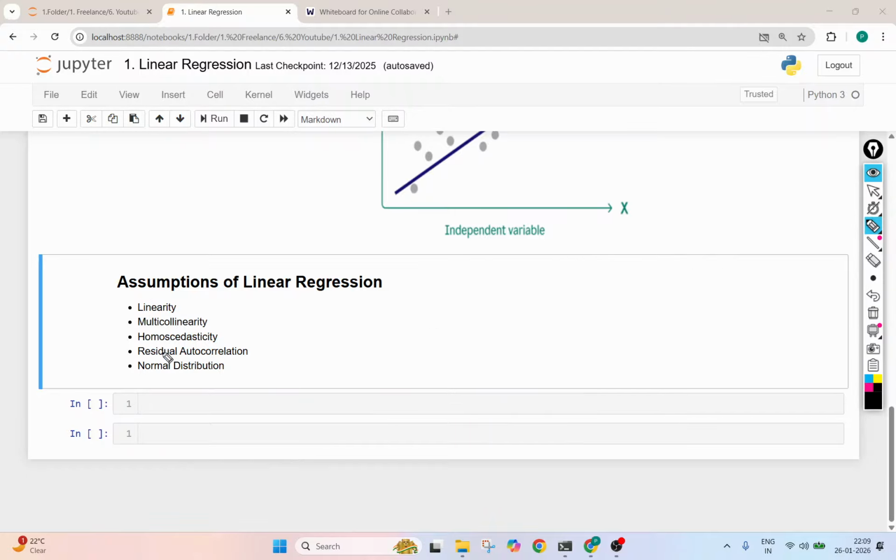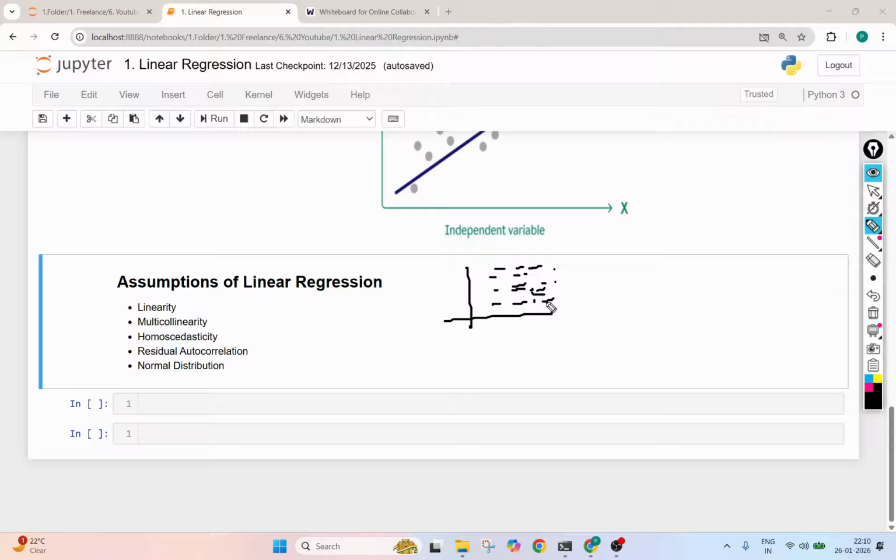Third, homoscedasticity. Now, what does homoscedasticity mean? It means spread of error should be uniform. So basically, the errors that are spread over should be uniform in nature. Errors of historic data should not affect that of the present data.